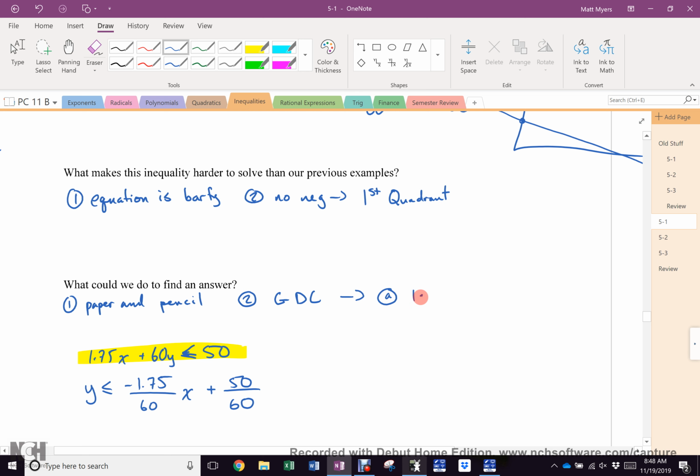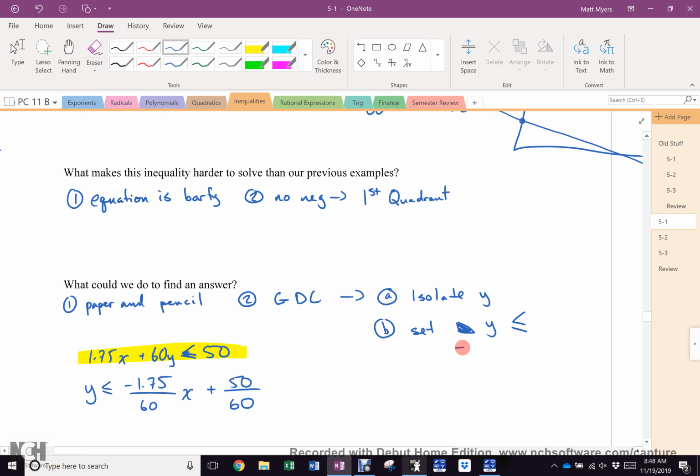A, you still have to isolate y. B, you have to set your shading. That is what? Yeah, less than y. That is when it is greater than or less than. That is the less than or equal to.